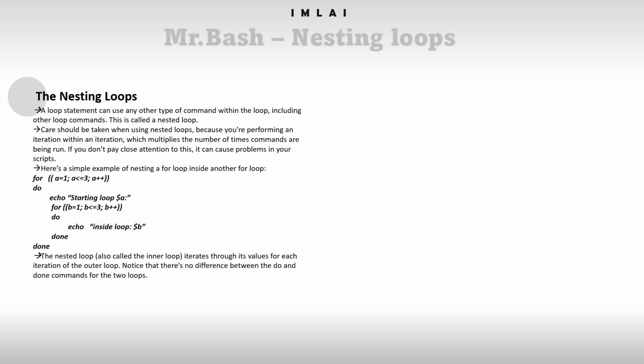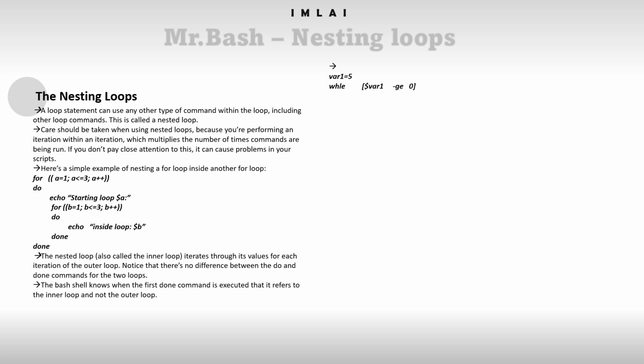That's what happened with our example also. Notice that there is no difference between the do and done commands for the two loops, whether outer loop or inner loop. The bash shell knows that when the first done command is executed, it refers to the inner loop and not the outer loop.